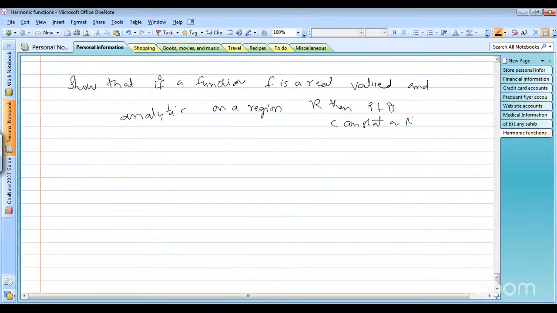See here, f is real valued, so the imaginary part of it is constant. We know that the imaginary part is constant, because we can take it as 0. So f is analytic on the region, and therefore it is constant on R also.